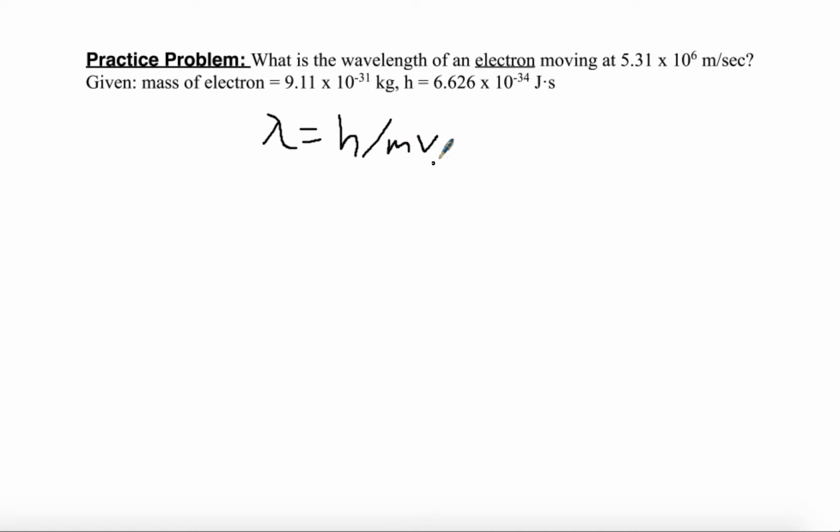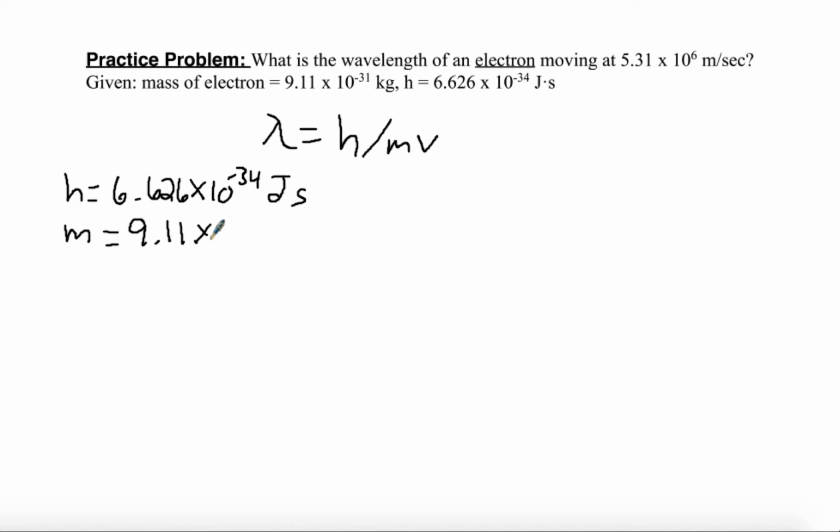Again, this is your momentum. h is given as 6.626 times 10 to the negative 34, again in joule seconds. The mass of the electron is 9.11 times 10 to the negative 31 kilograms. And our velocity here is 5.31 times 10 to the 6th meters per second.